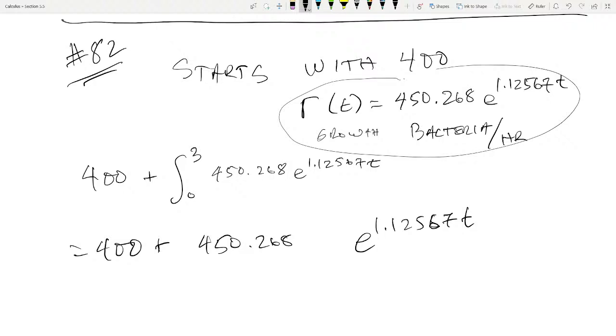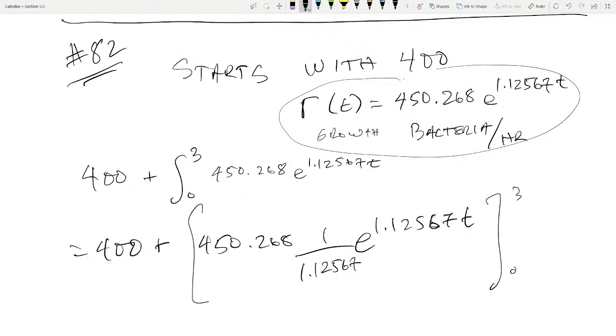But if I were to differentiate that, I would get this number right here in front, but I don't want it, so I'm going to put 1 over 1.12567, so that when I differentiate that, I get back to this exactly. I'm going to evaluate that from 0 to 3.